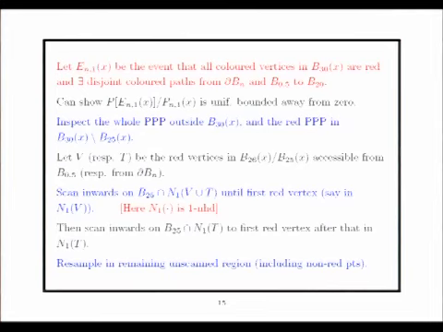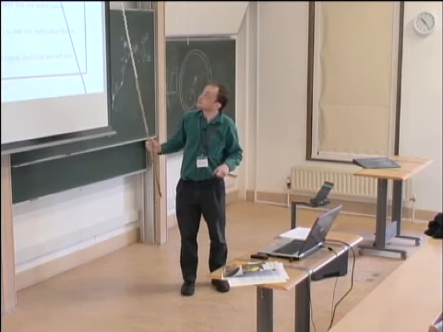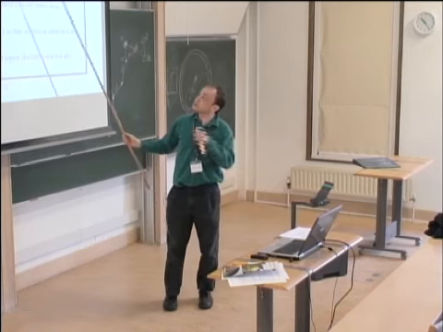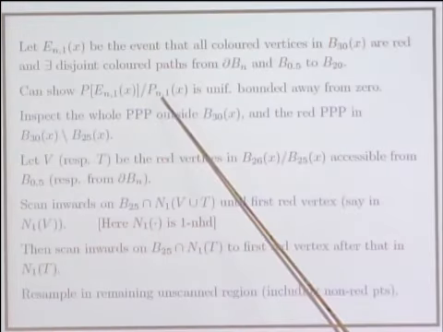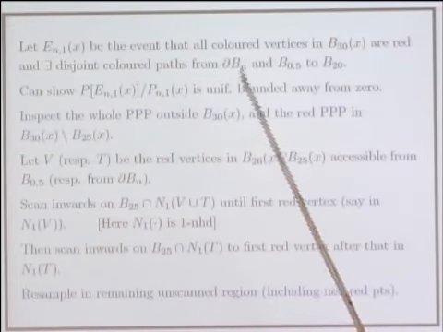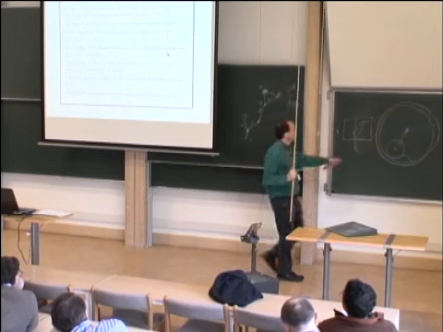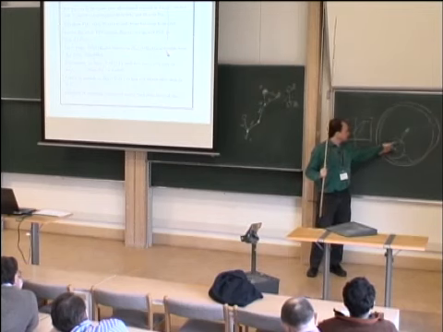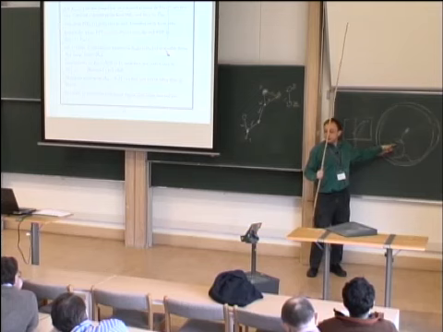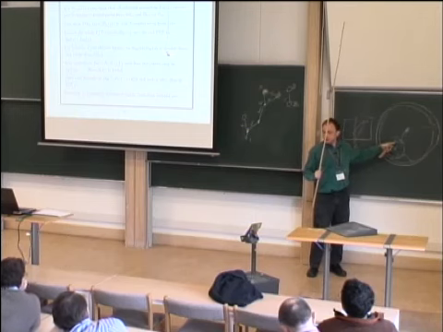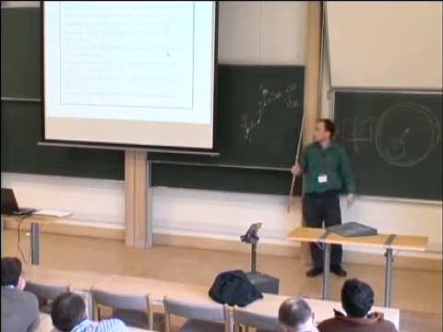E n 1 is the same as the original one pivotal event, that X is one pivotal, more or less, except that now we're also going to say that everything is red inside B30. Well, that is possible. The probability of that happening divided by the original one pivotal probability is bounded away from 0, essentially because in a bounded region there's only a finite density of green vertices in here, and the conditional probability that in fact all those green ones were red is bounded away from 0.